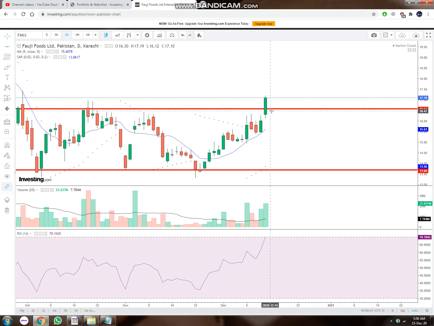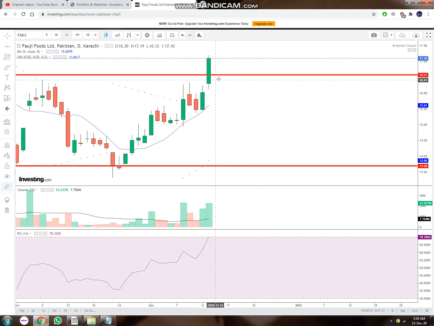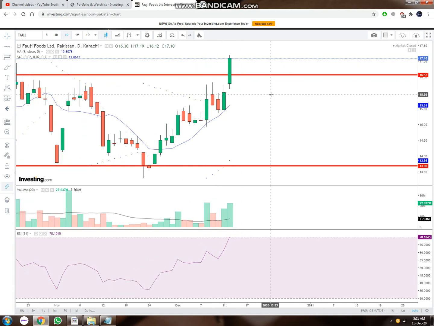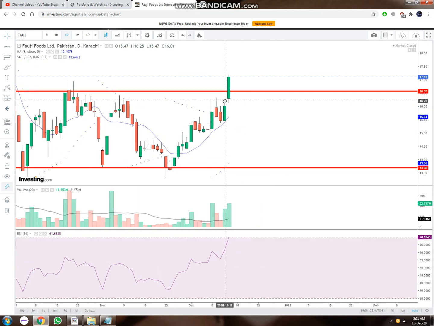Now how would you know if it's a breakout? Let's consider if it opened here and closed here and traded somewhere in between this candle body, and started coming down, then this would be a false breakout. Now if it's a real breakout, how would you know that?